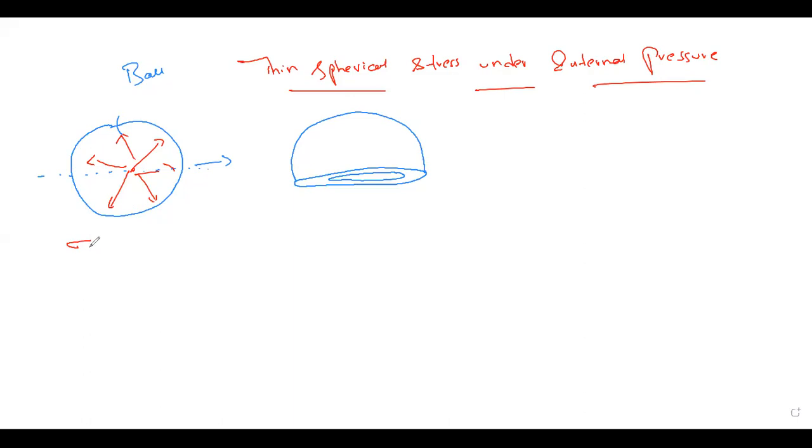Is there any longitudinal stress in the spherical shell? No, sir. Why? Because it doesn't have any length, right? So a spherical shell will have only diameter. So your longitudinal stress will be zero. There will be only circumferential stress, or only a hoop stress.